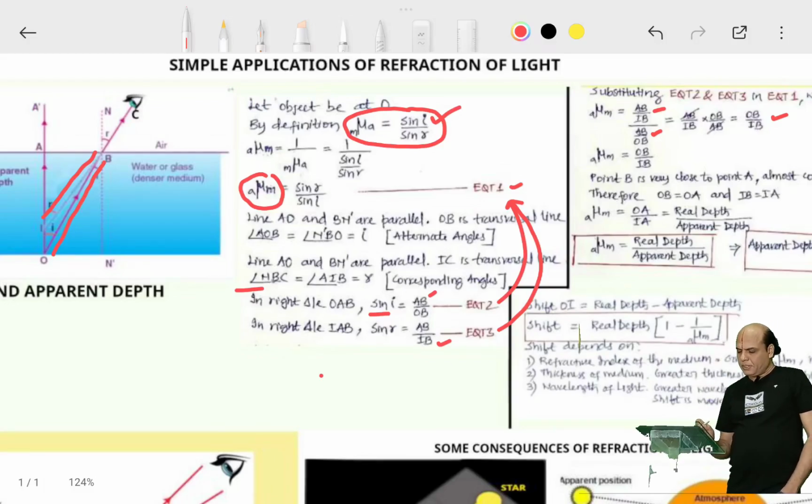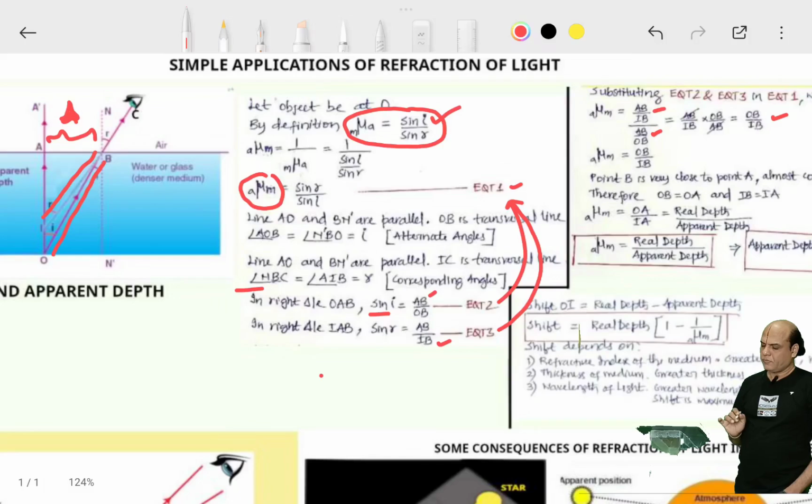The observer will observe a shallow bottom only when he looks more or less vertically, like when the point B is very near to point A. So this distance is very small, delta.